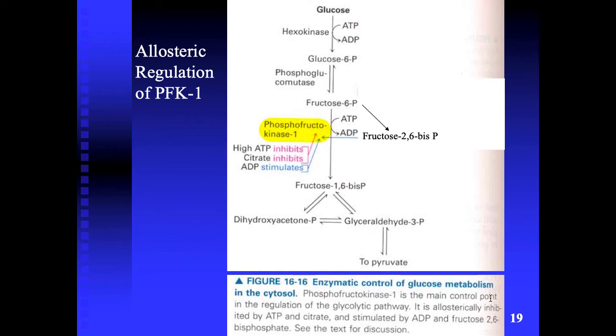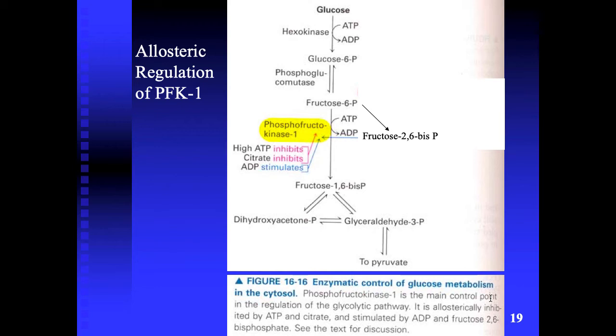So if a cell already has significant amounts of ATP, we can slow down glycolysis. We don't need to make more. So ATP, and where's most ATP made in the cell? In the matrix. That ATP can leave the matrix and downregulate glycolysis. We'll look at the big picture in a second.